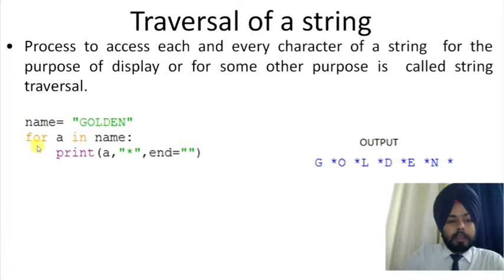In the next line I have used a for loop, for a in name, and then I print a with an asterisk, and the output will come like this.